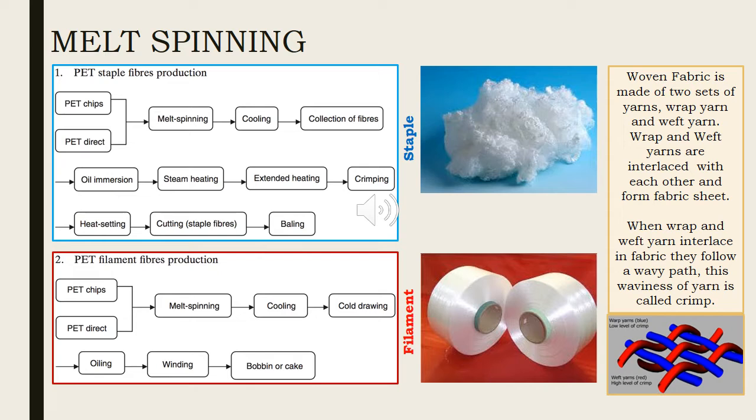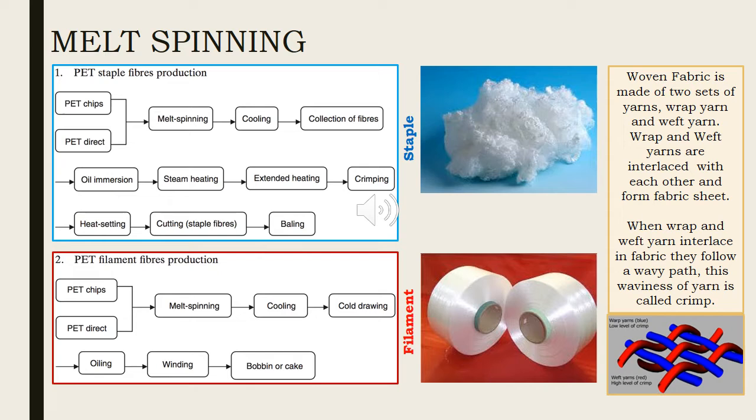Melt spinning process for polyethylene terephthalate, staple fiber and filament fibers are shown in diagram. Staple fiber is a bunch of fibers, whereas filament fiber is a single fiber. The fourth step in staple fiber production is collection of fibers to make a staple fiber.